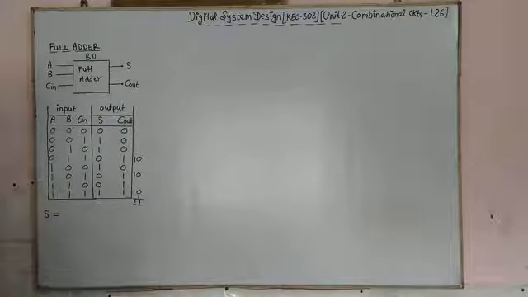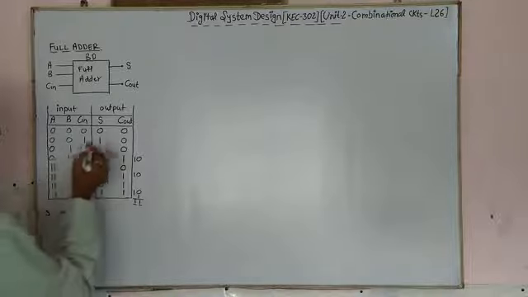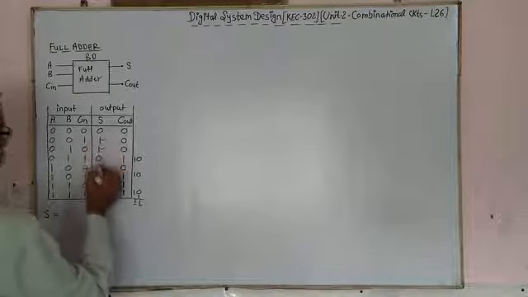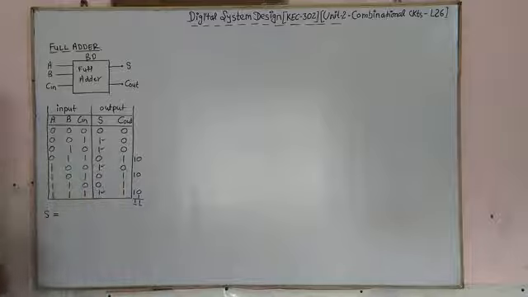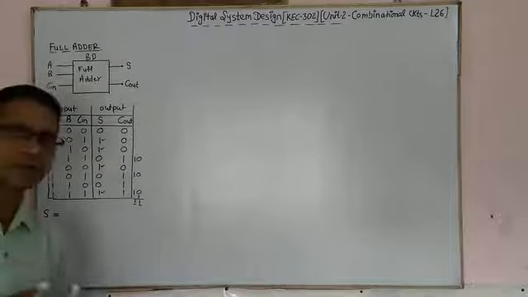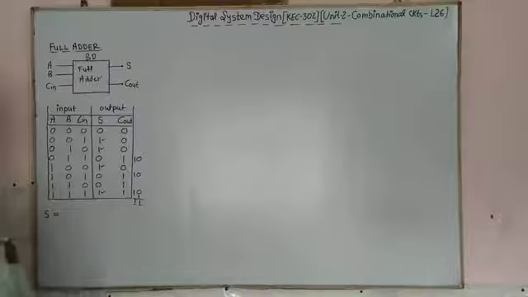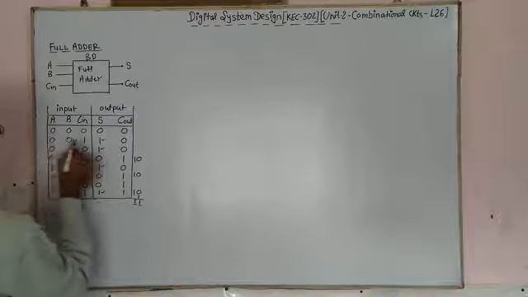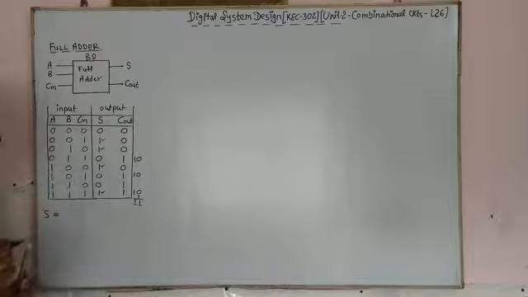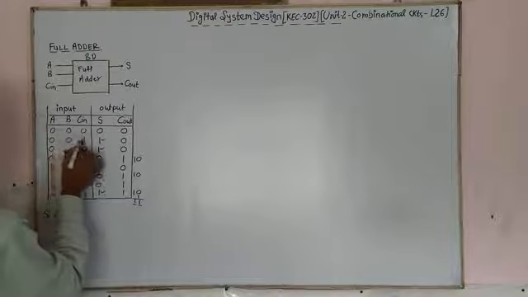So if you want to find out the logical expression of sum, what will be the output? Here you can see 1, 1, 1 and 1. There are 4 locations at which 1 is located, in which the first location is 0, 0, 1. What will be the logical expression for this location? A bar, B bar, C in.